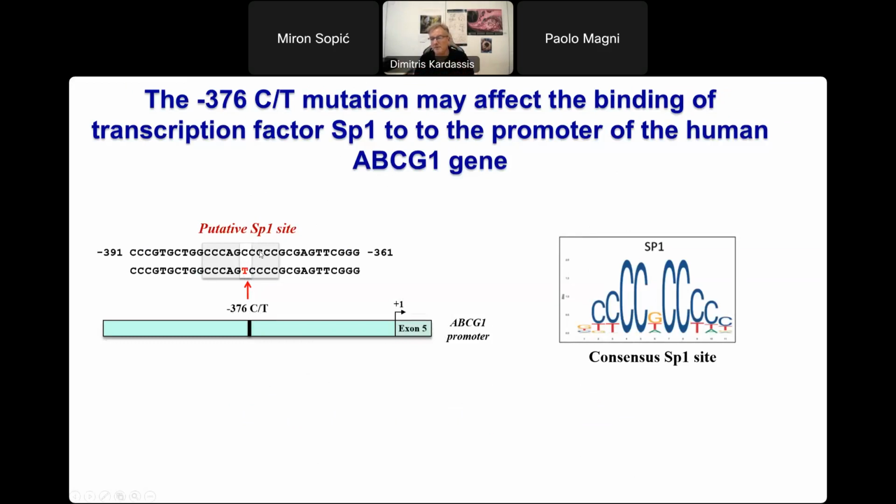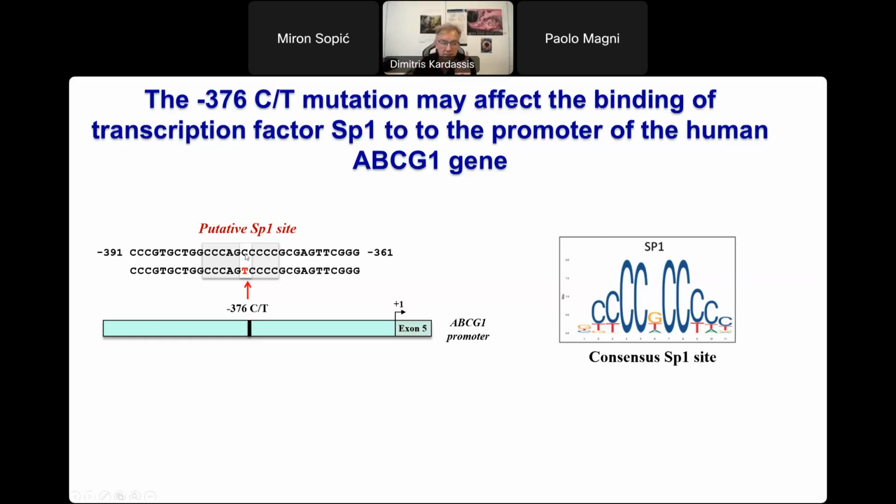Now, using bioinformatic tools, you can see whether a specific DNA region contains a binding site for a transcription factor. So there are specific bioinformatic tools that use all these consensus elements that are published. They put them together and find homologies with the consensus sites.